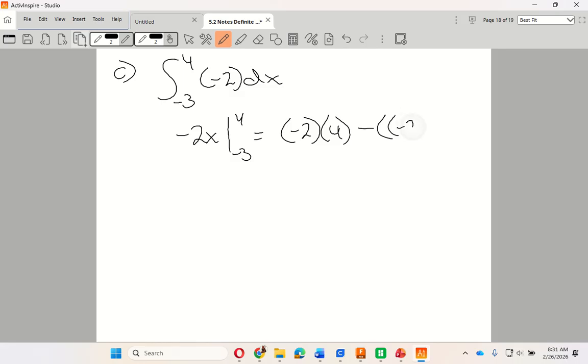I usually like bracketing, but for some reason you guys don't like brackets. I just don't like using parenthesis after parenthesis because I break them up into parentheses and brackets. They mean the same thing, it's just you see them differently. So negative 8 minus 6, which is negative 14.